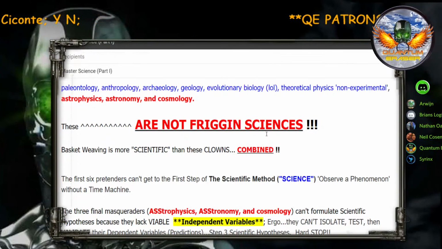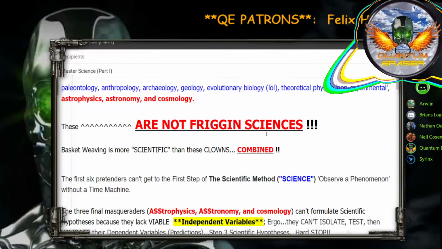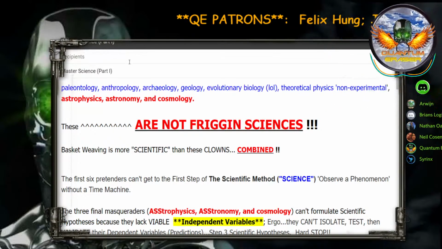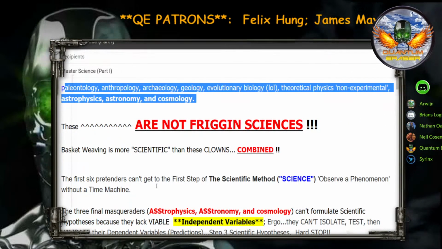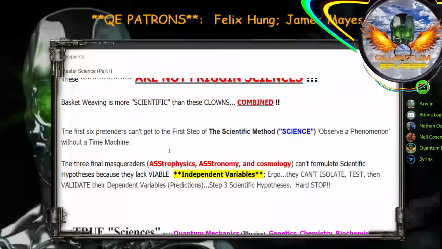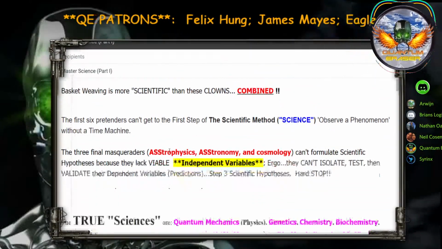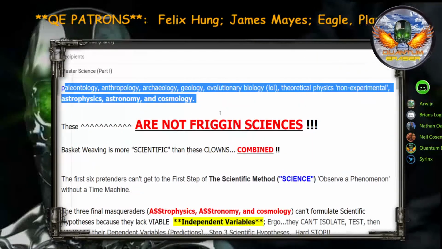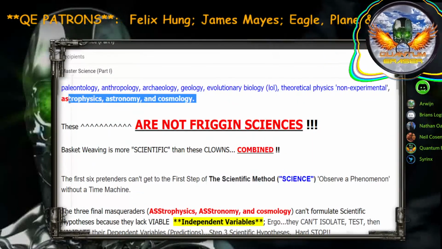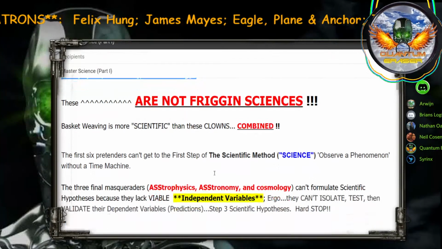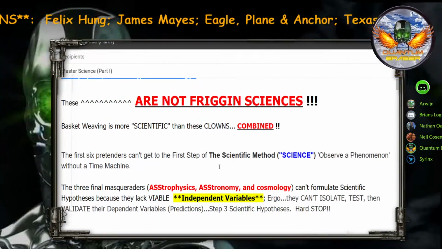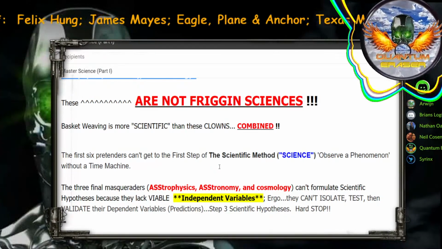Why? Well, the first 6 pretenders can't get to the first step of the scientific method, which is, in natural science, observing a phenomenon, without a time machine. These guys up here, you can't do it. The final 3 masqueraders, our genre, get back up there. This is what we deal with exclusively. They can observe a natural phenomenon with no problem.